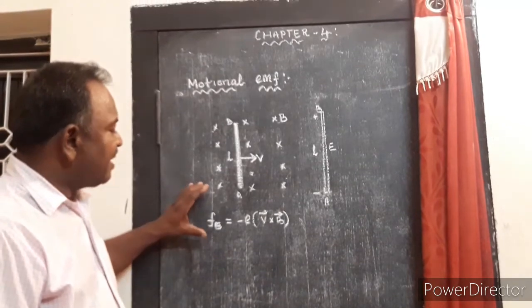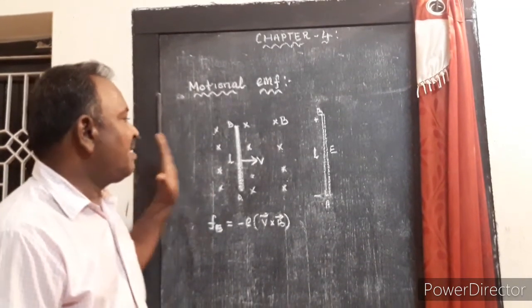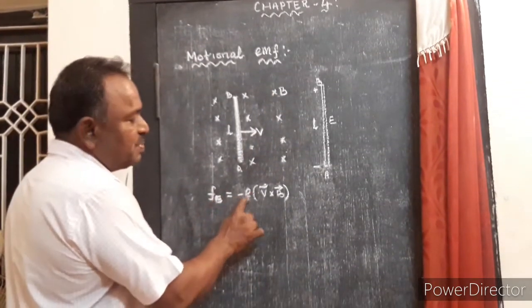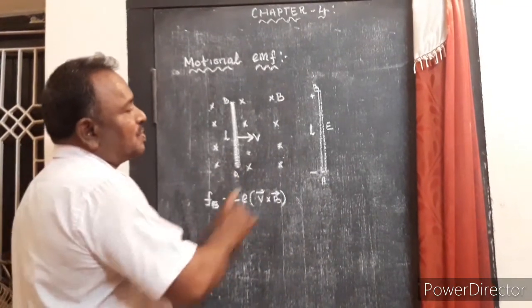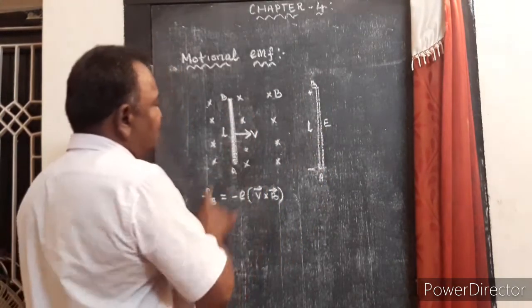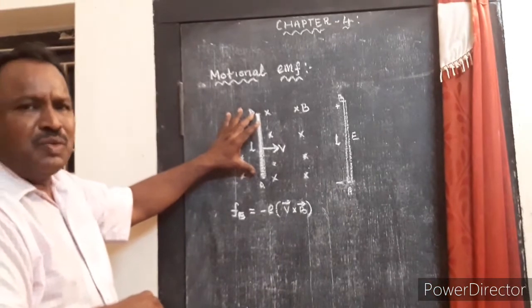So due to this magnetic Lorentz force, what will happen? When the conductor is moved with the velocity v, every electron will experience this much of force. Due to this force, all the electrons will flow in one direction. So an EMF is produced, an induced EMF.